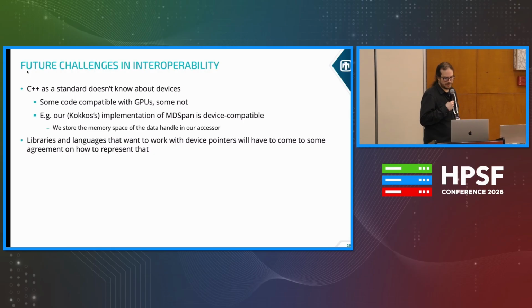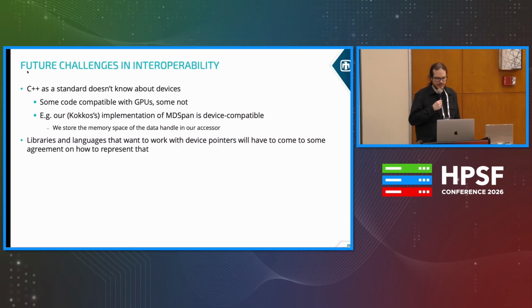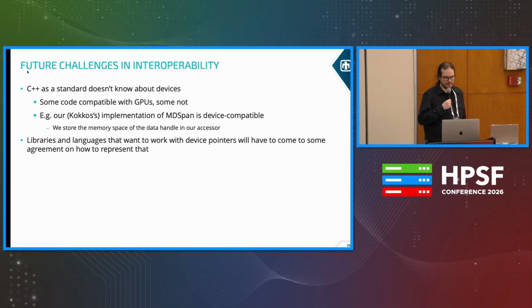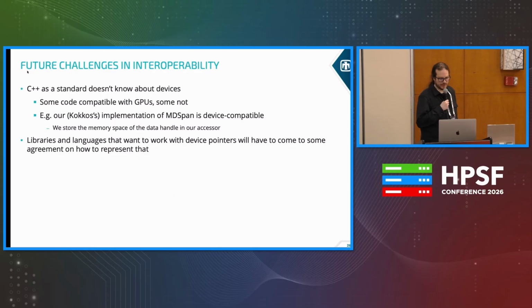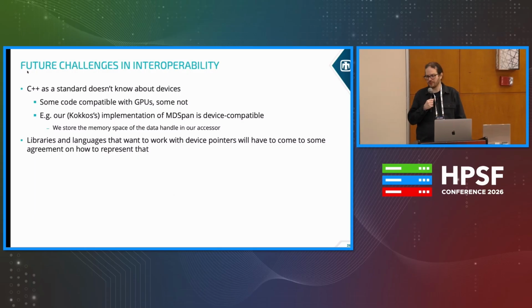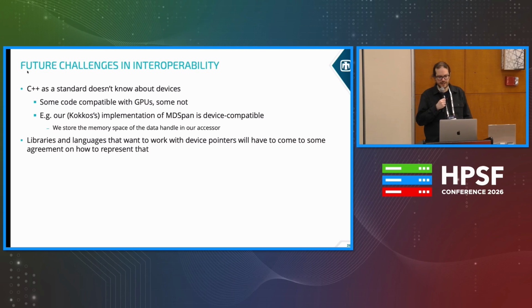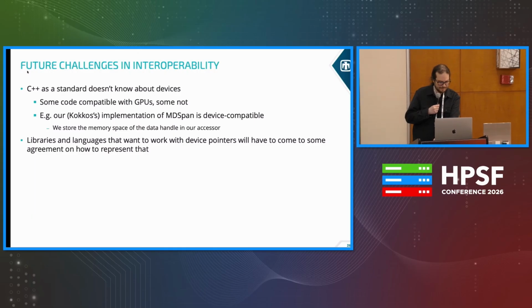Maybe this could be a good roadmap for how GPU-based mdspans could be represented for interoperability between libraries. But the fact of the matter is that if we want to work with device pointers and device data, we have to come to some agreement on how to represent that using mdspans.